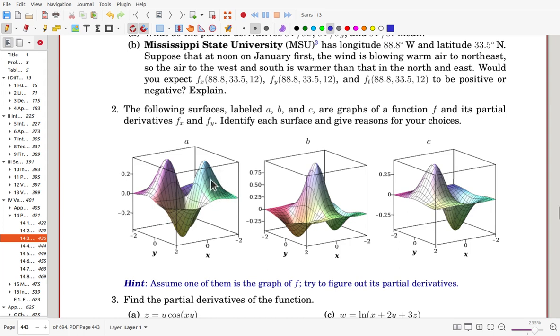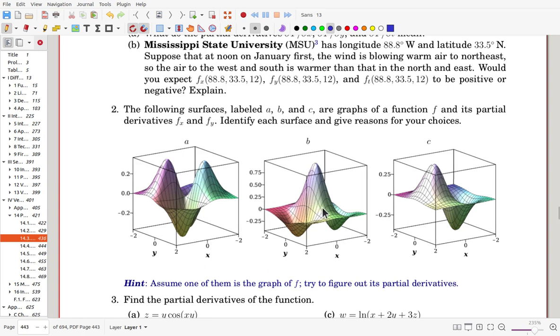In fact, at the bottom, around that position, it is increasing in the x direction, and so the x derivative must be positive. Now here it is not positive, so that means it cannot be the graph of f.